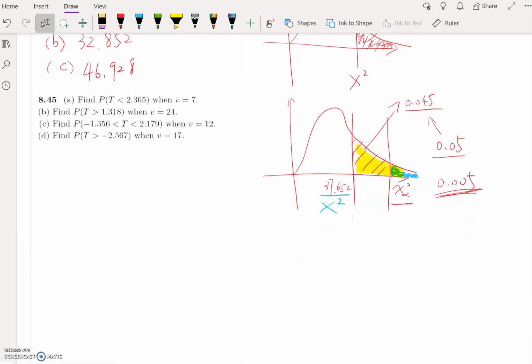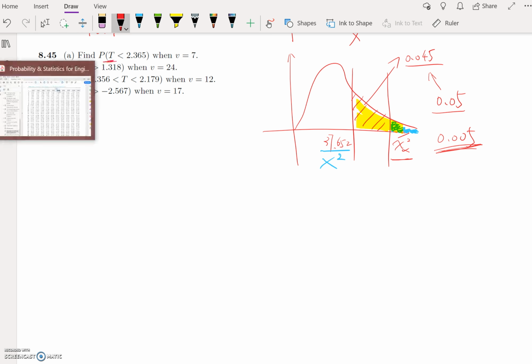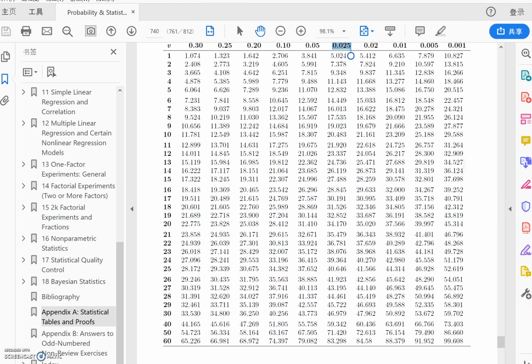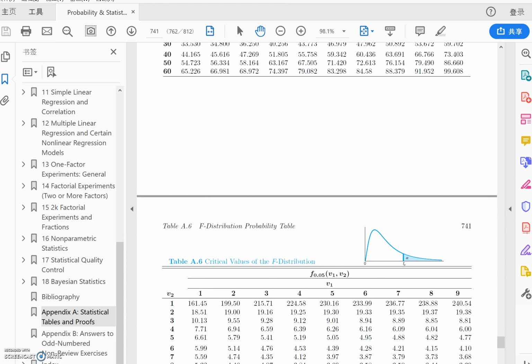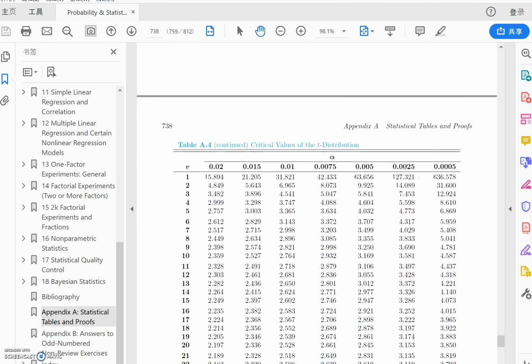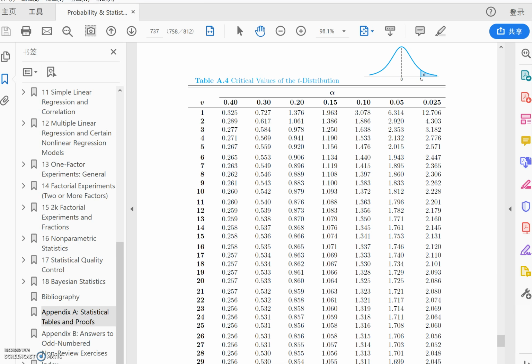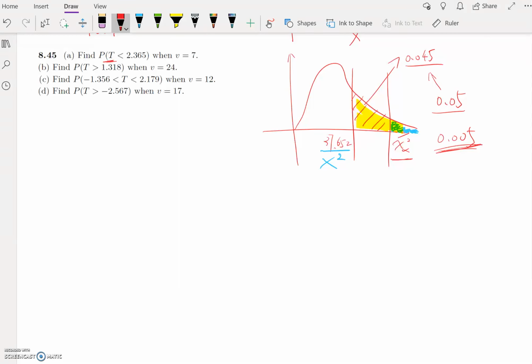Now let's look at the third problem. That is the problem for the t-distribution. So we go back to find the t-distribution table. Here's the t-distribution table. It's similar to the chi-square and F distributions. The alpha value is the right part under the curve. So let's look at the problems.